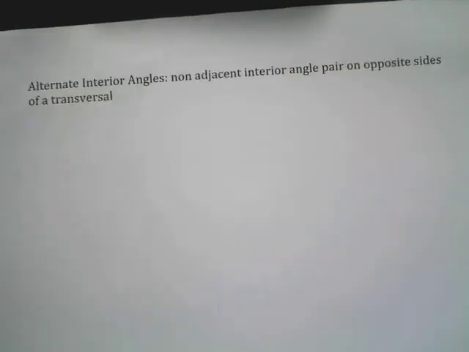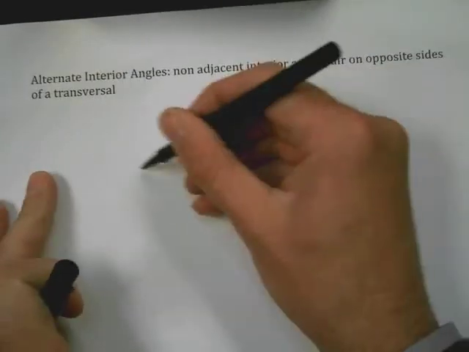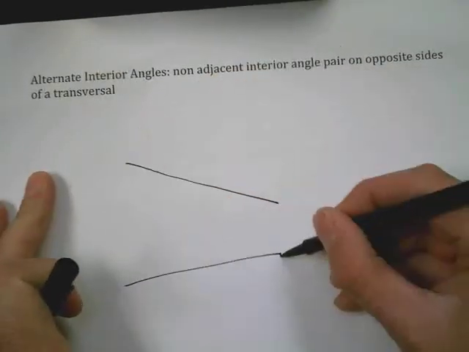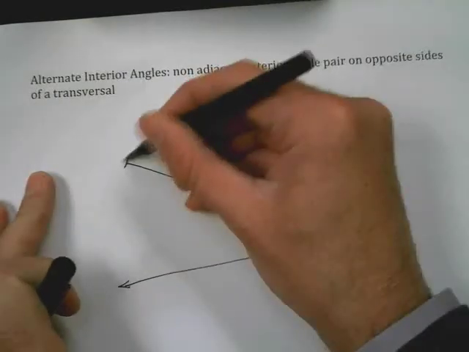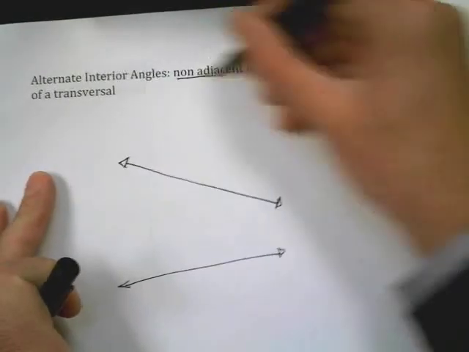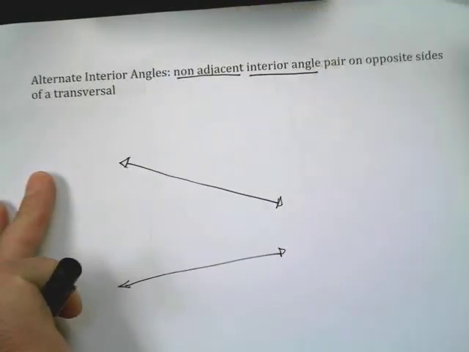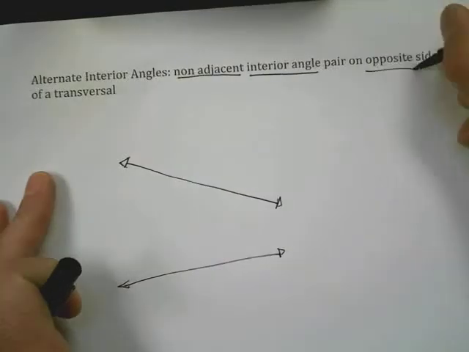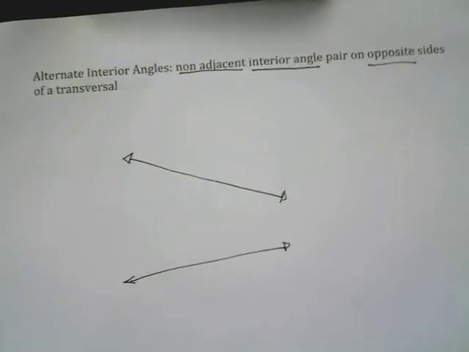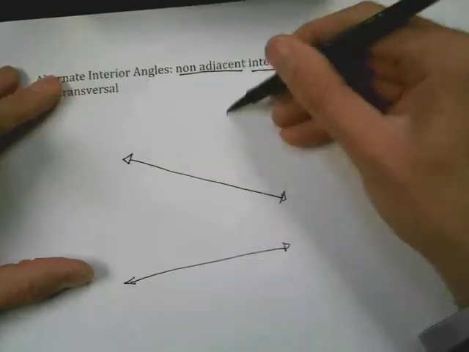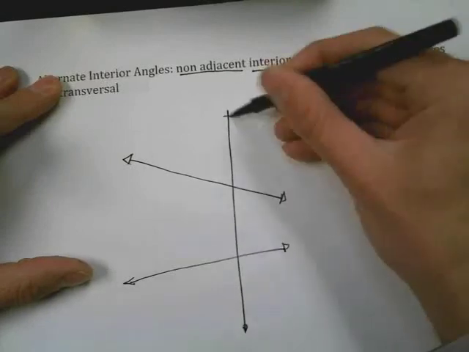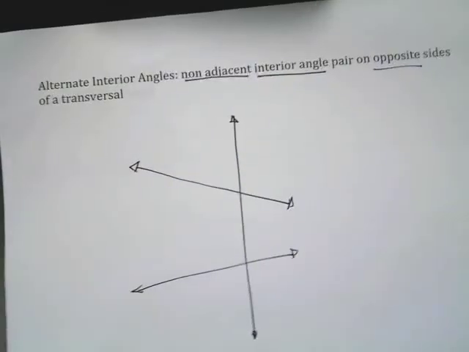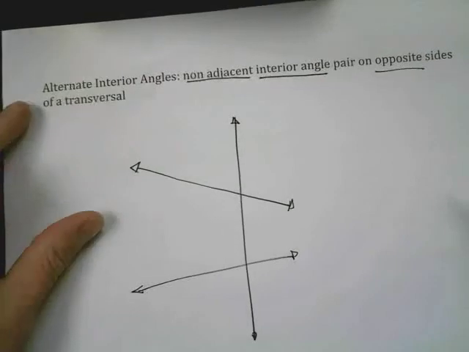Alright, so the next one, if I'm moving too fast, pause the video. So alternate interiors are on alternate sides of the transversal. It said non-adjacent interior angles on opposite sides of the transversal. So there's two lines cut by a transversal. Looks a lot like your picture or mine. Lines just are not parallel-ish. So non-adjacent, opposite sides.